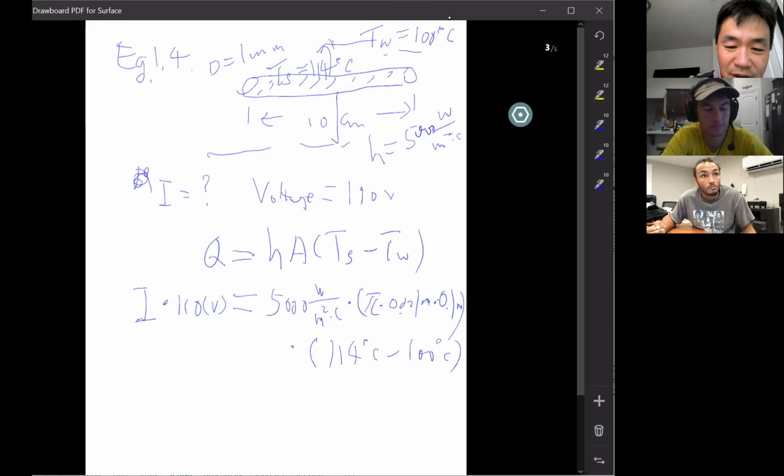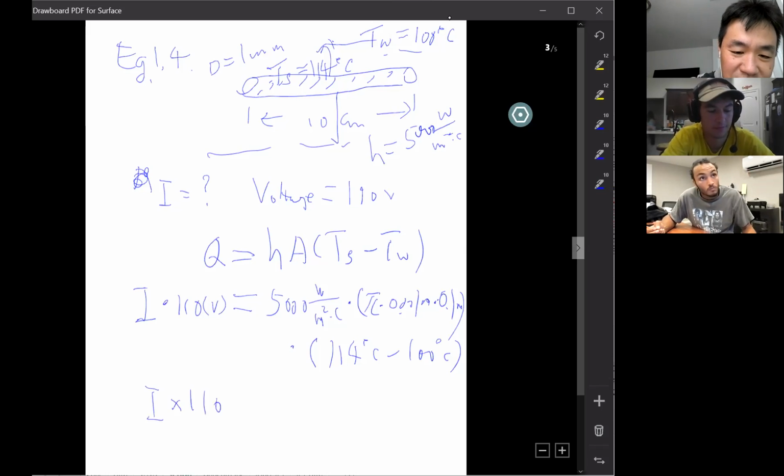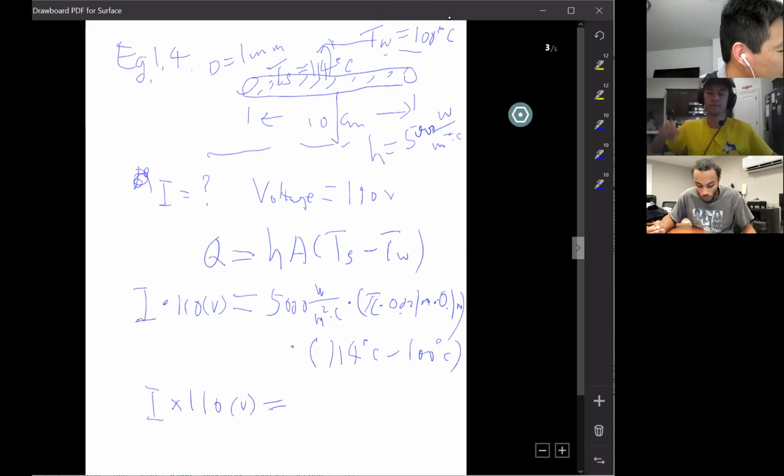So the current times 110 volts equals Q. What is Q? 21.99 watts.